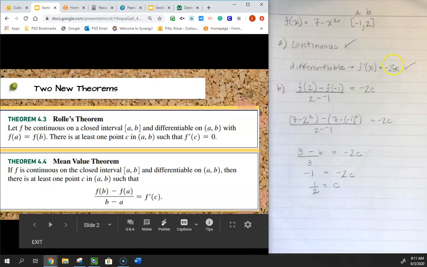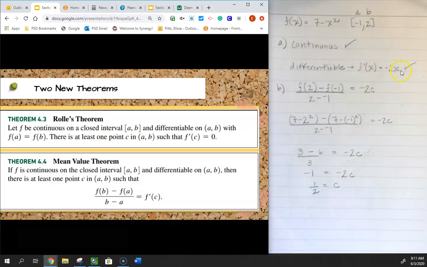So the derivative evaluated at c is -2c. In some books, they'll put a c here. In some books, they don't care and they just put an x here, because c is an x value. So if you want to put an x value in there because that makes more sense to you, or you're following the book and they put an x value in there, that's fine. I'm accustomed to putting a c value in there.